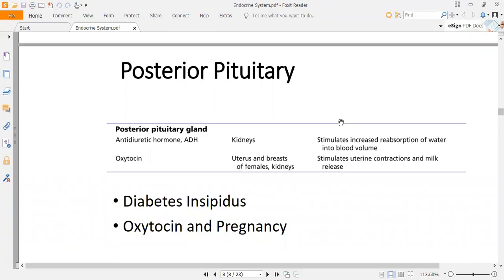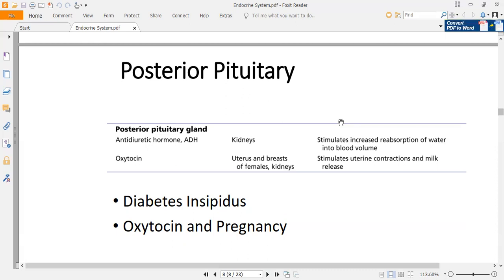Now, the posterior pituitary gland produces, as I said earlier, one of the most common hormones, known as vasopressin, or antidiuretic hormone, ADH. Where does it target?